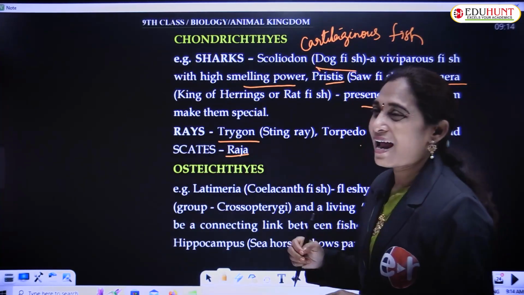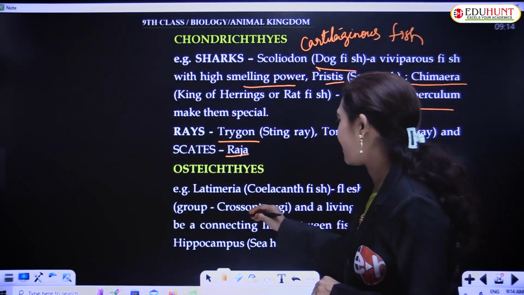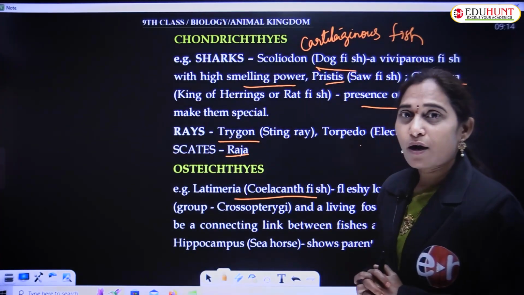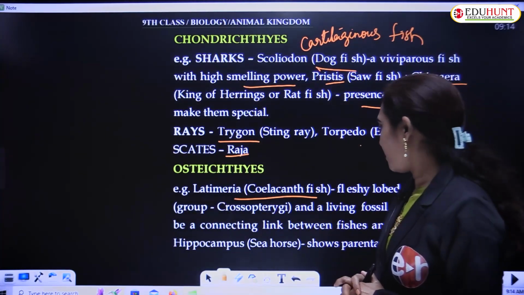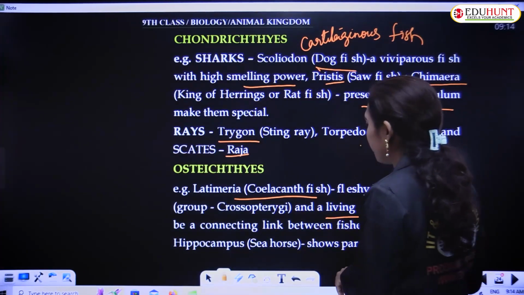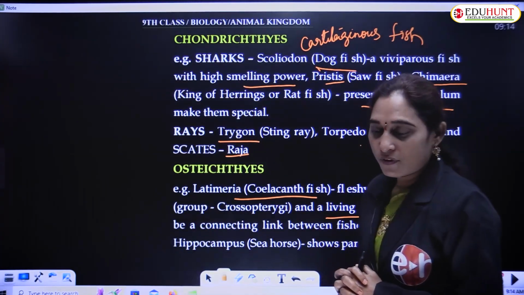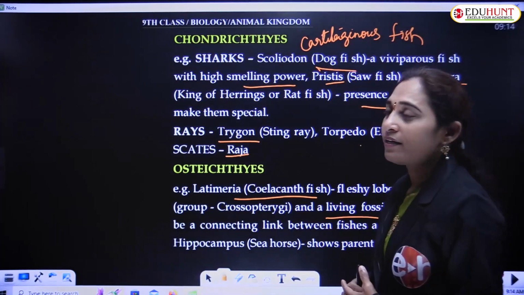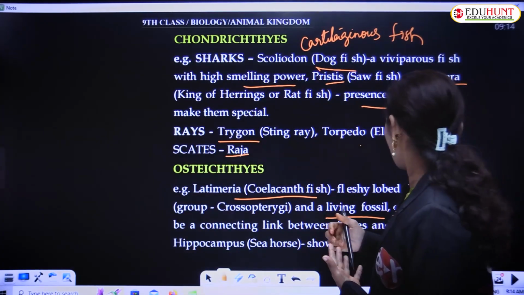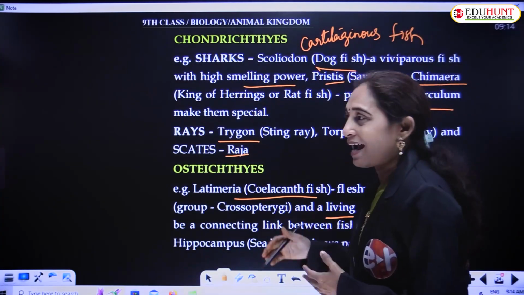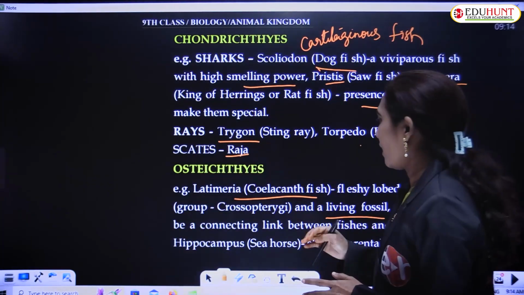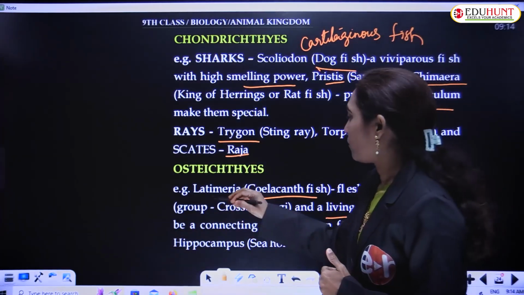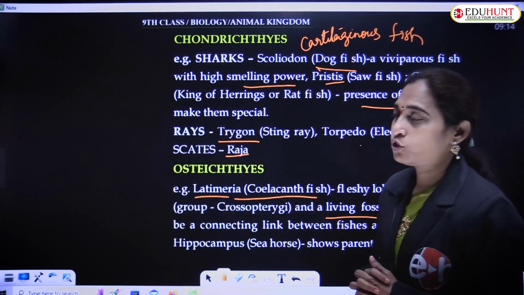In Osteichthyes, Latimeria chalumnae, that is the Latimer coelacanth fish, is considered a living fossil, because for a long time it was not identified, and it was identified by Latimer, a scientist, and in his name it was named Latimeria chalumnae.